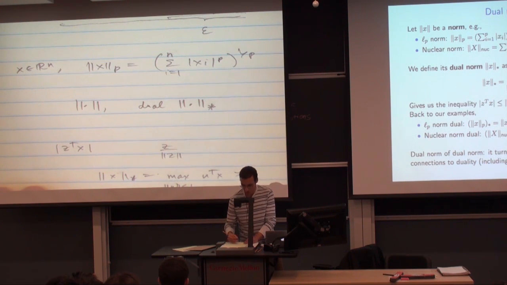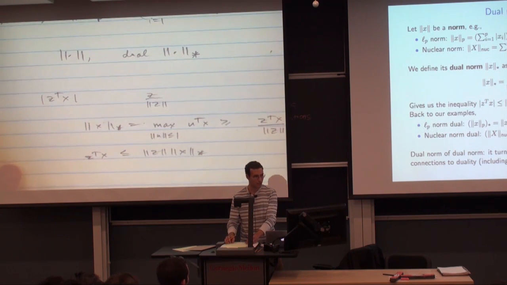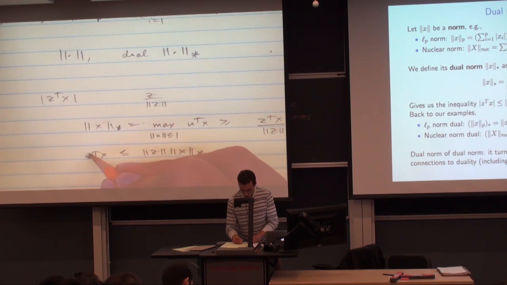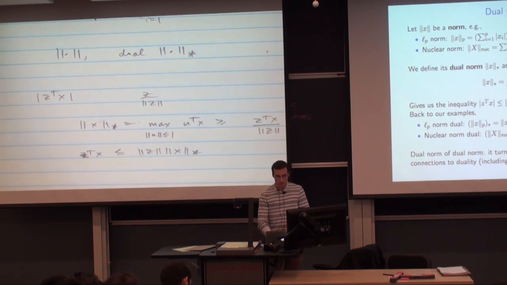That's bigger than or equal to, just if I take z in particular, z transpose x over ||z||, or in other words, z transpose x is going to be smaller than or equal to ||z|| times ||x||. And the same argument could be applied in the reciprocal direction to give me the negative sign. So this gives us this Cauchy-Schwarz inequality, very useful for a lot of reasons with these dual norms.